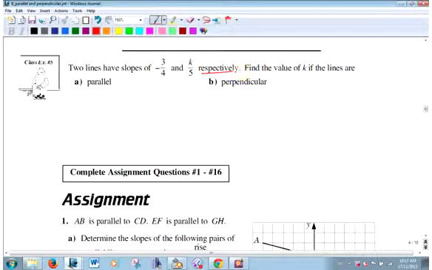You know what that means, respectively? It's totally redundant. What it says is this is the first line, and that's the second line. Who cares? Find the value of k if the lines are parallel. What do we do?